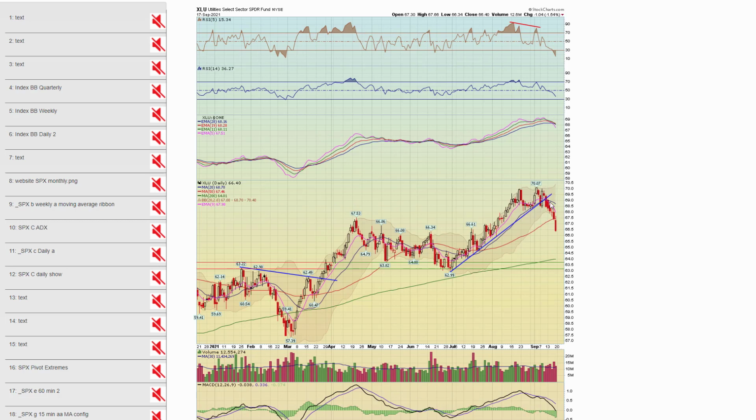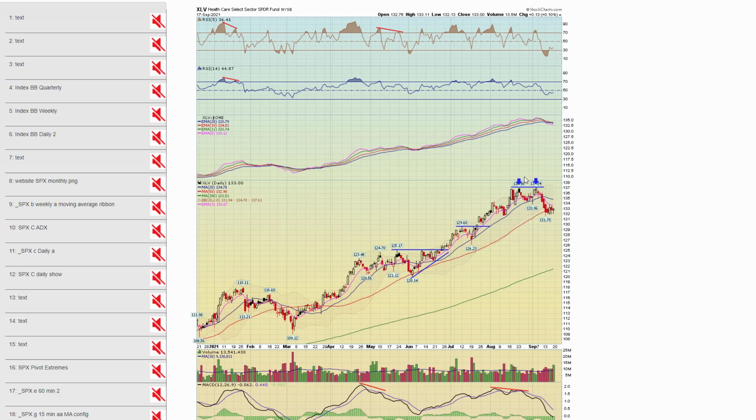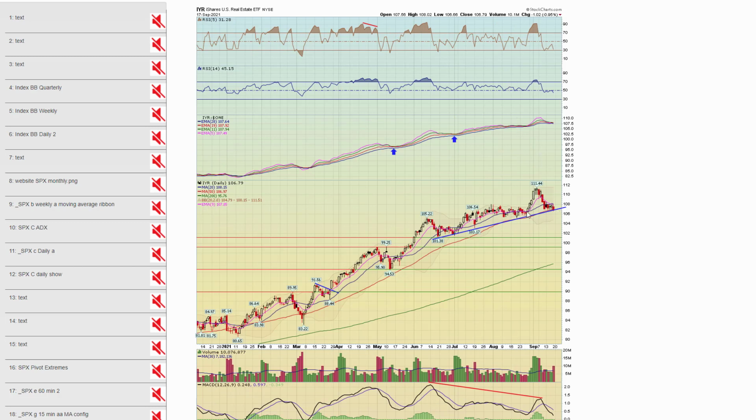Utilities, been downtrending quite strong lately. Healthcare had a double top back here, which I pointed out. It's trying to find a little support here, but still looks weak. Real estate hanging on to some ledge support here at the 50-day. Below here, your next support really isn't until you get down to here.